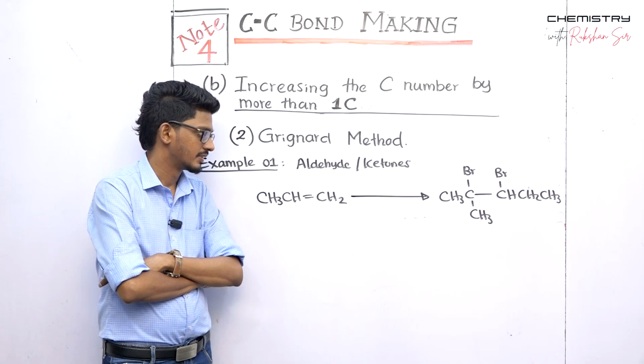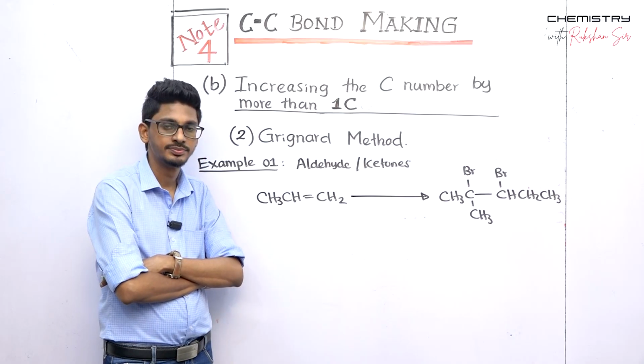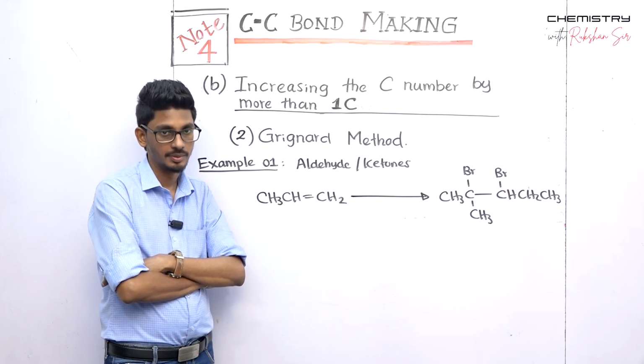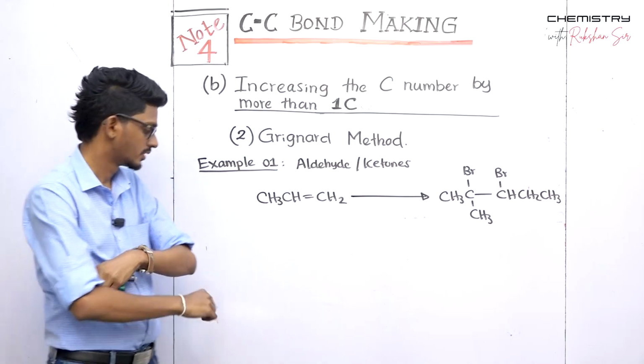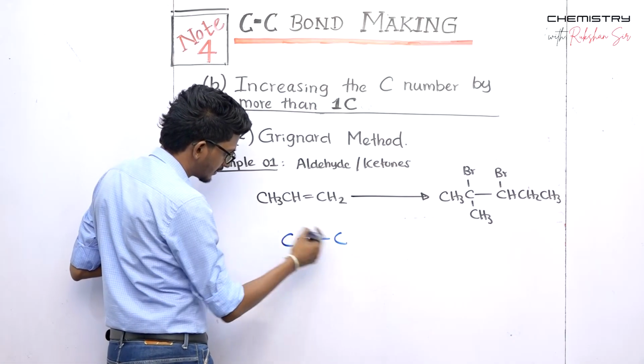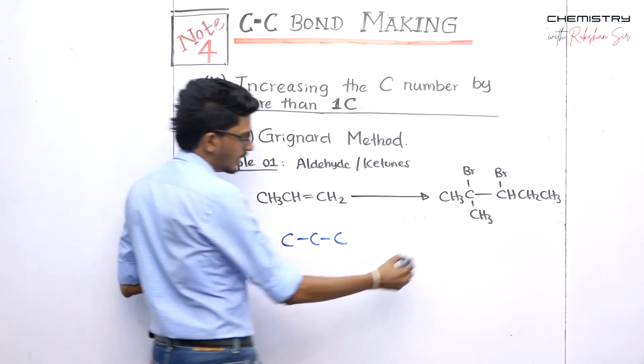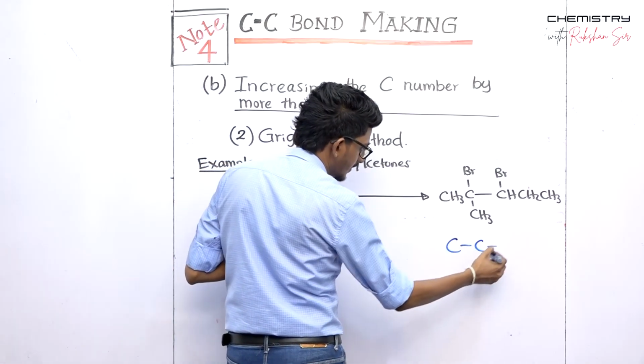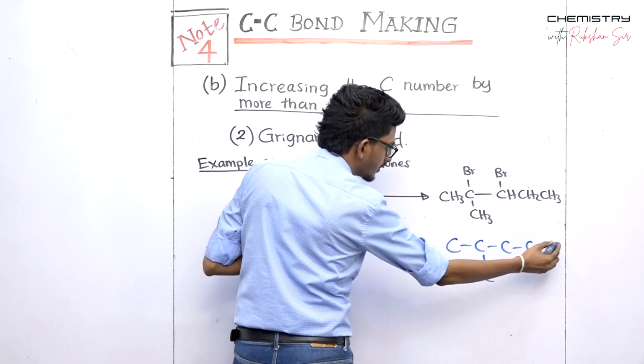The conversion is like this. What is the first thing to do? The first thing is coming up with the correct carbon skeleton. You have this carbon skeleton at the start and this carbon skeleton in the end compound.